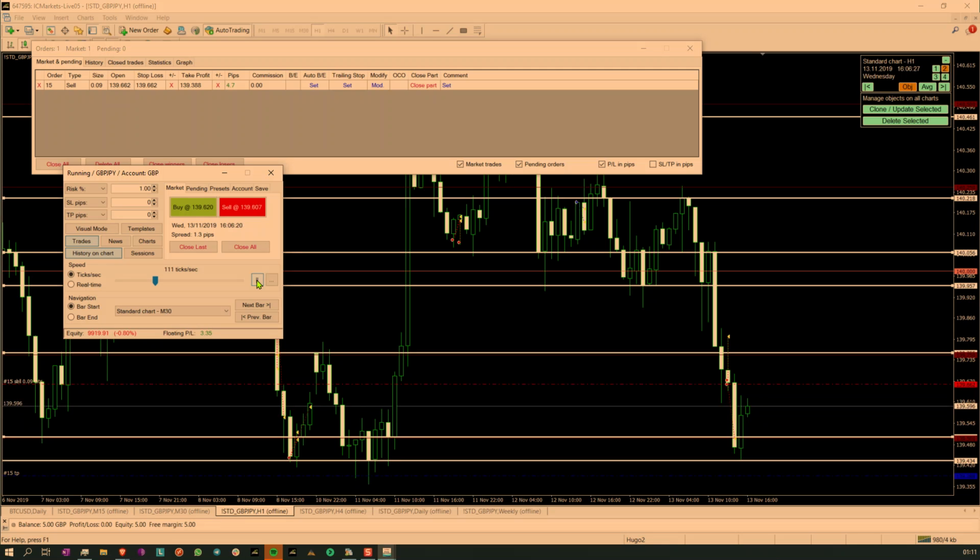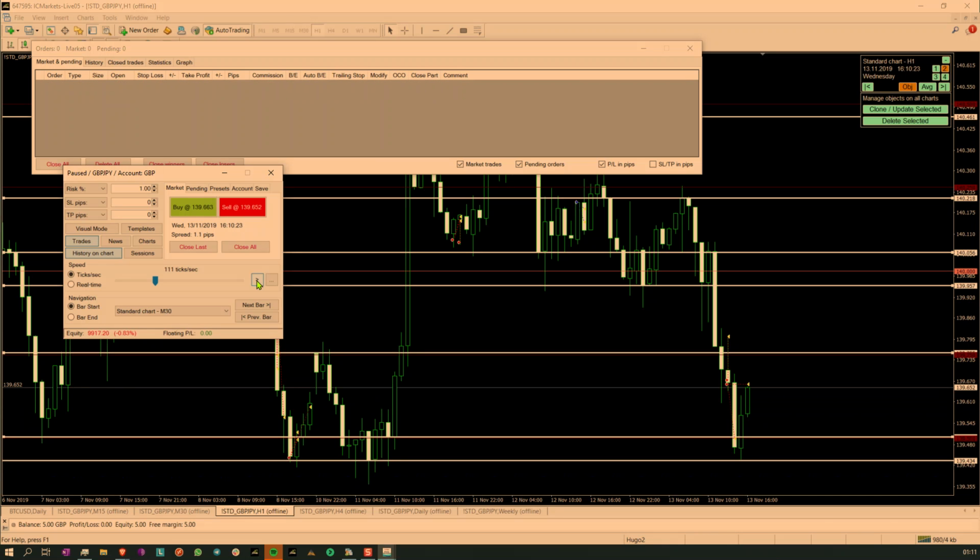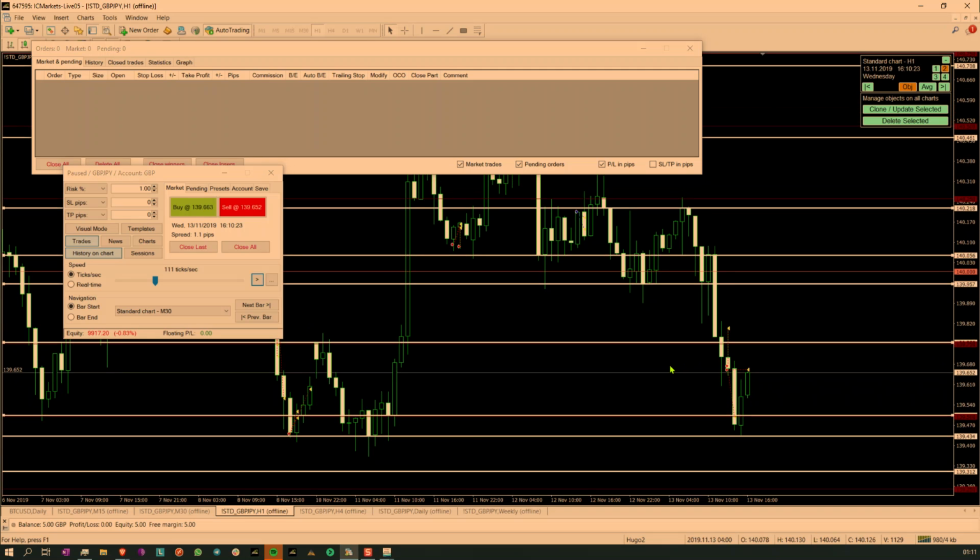Yeah. 1 hour close bullish is a very, very strong signal. Very strong signal.